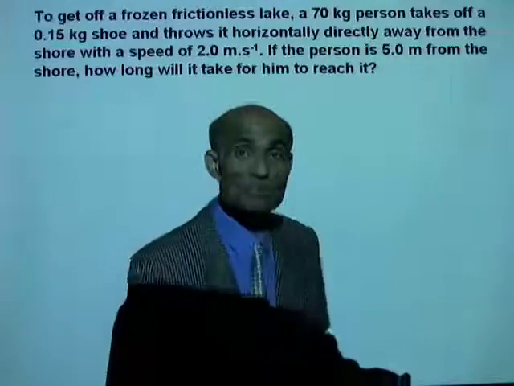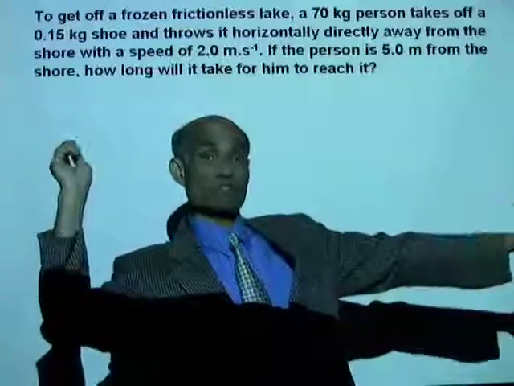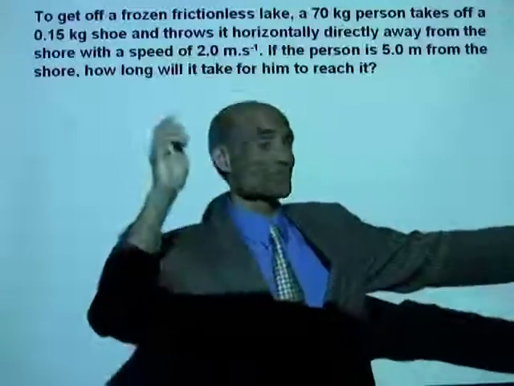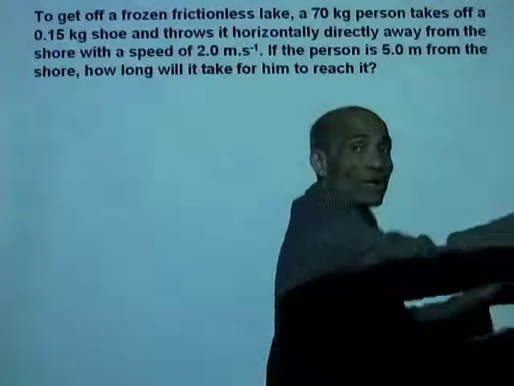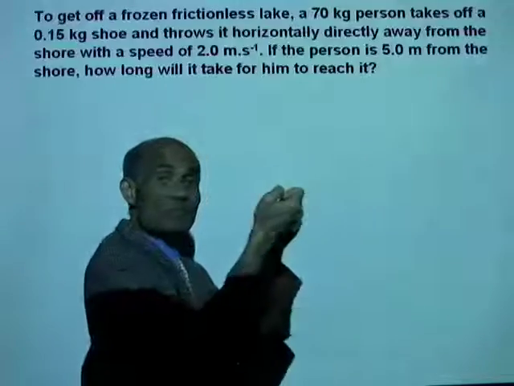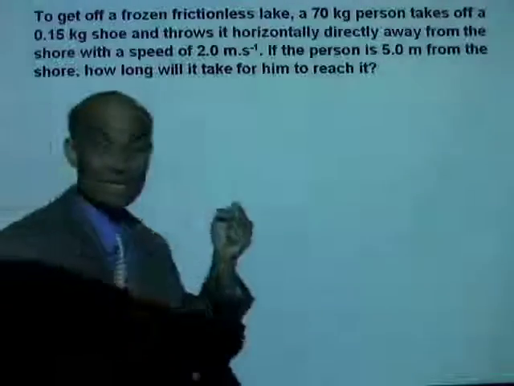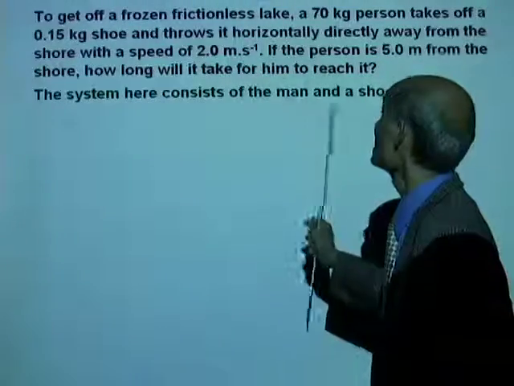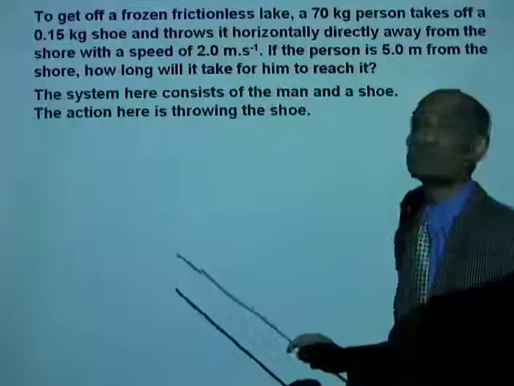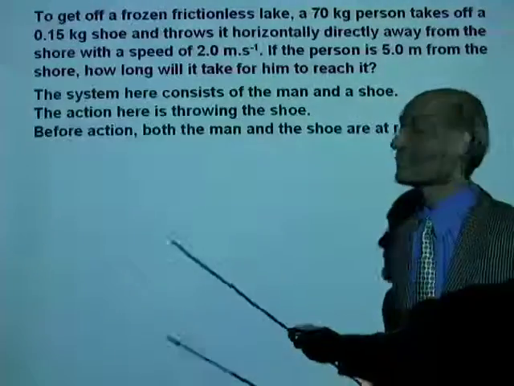He's taking a shoe and throwing it in the opposite direction of where he wants to go, so that the shoe gets momentum one way and he gets momentum the other way, so that he can get off the lake. That is what the person is doing. Alright, the system here consists of the man and the shoe. The action here is throwing the shoe.